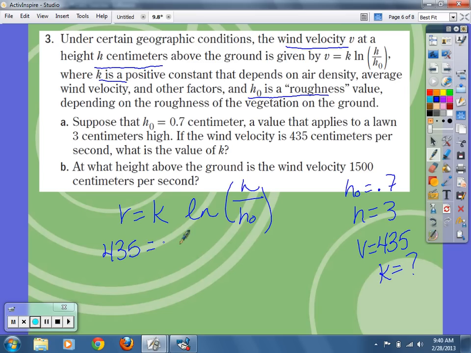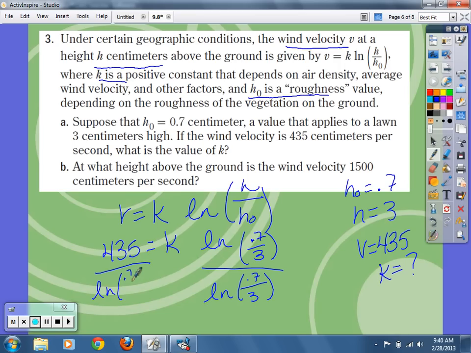435 equals K times the natural log of 0.7 over 3. We are going to divide both sides by natural log of 0.7 over 3. You could change this to a decimal right away. I encourage you to store it as a non-rounded number, I should say.